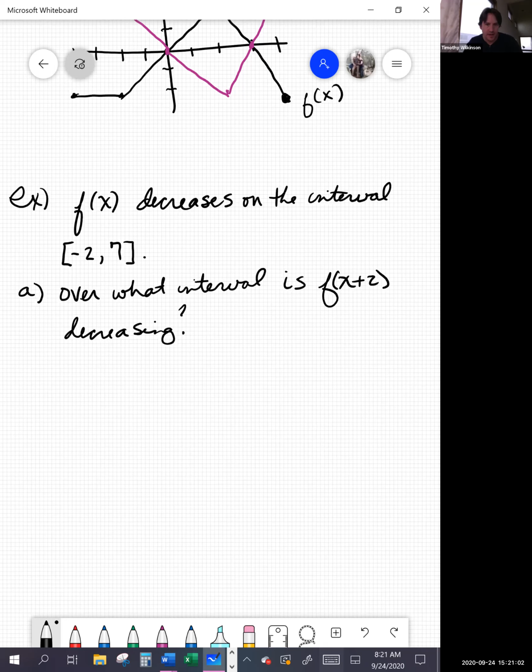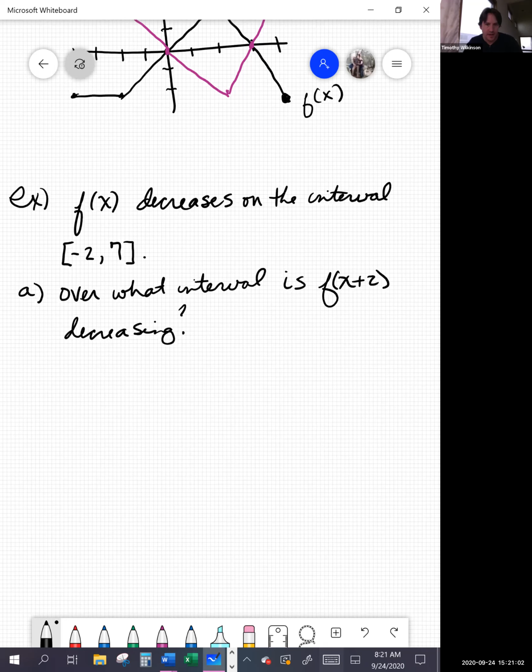Where is our new interval where it would be decreasing if we shifted everything to the right 5 units? -2, 12? You're right on the 12, because this is really an x value.